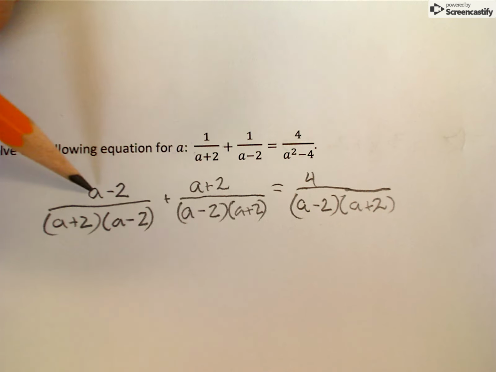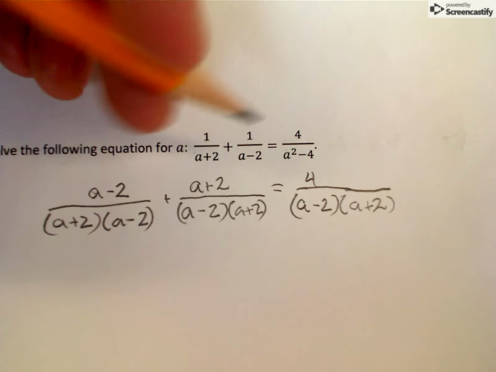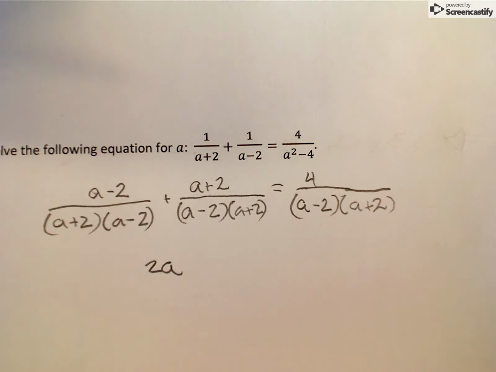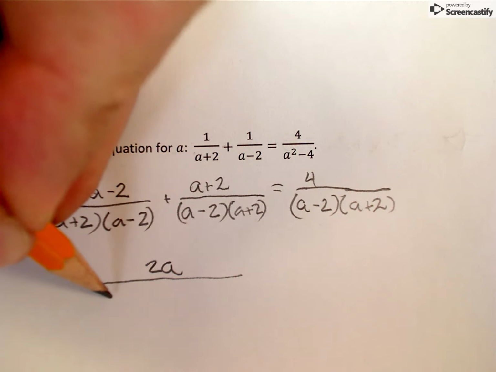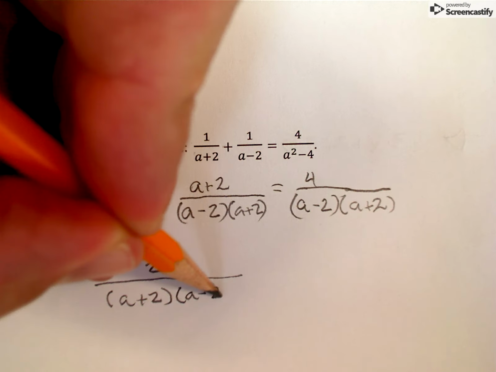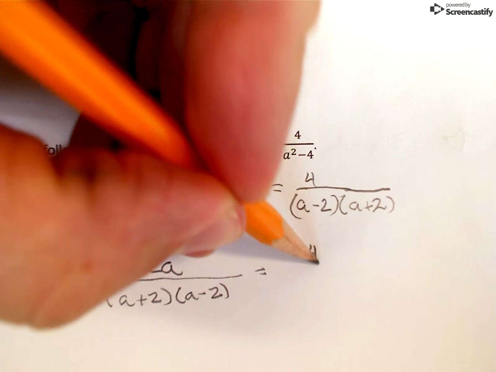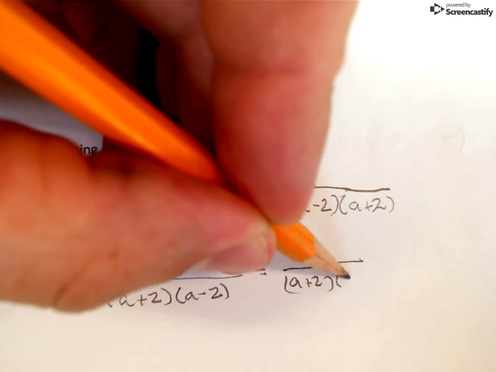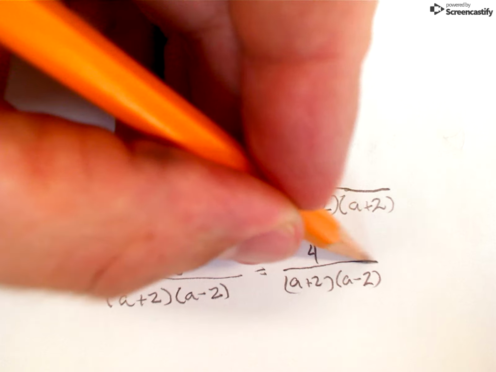So on the left-hand side, I can go through with this addition now, a minus 2 plus a plus 2, and that's going to give me 2a on the top, and I have this denominator on the bottom, a plus 2 times a minus 2, and that equals 4 over a plus 2 times a minus 2.